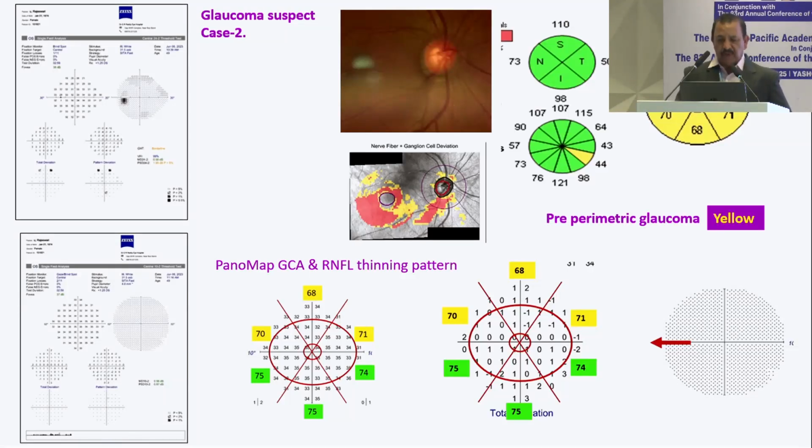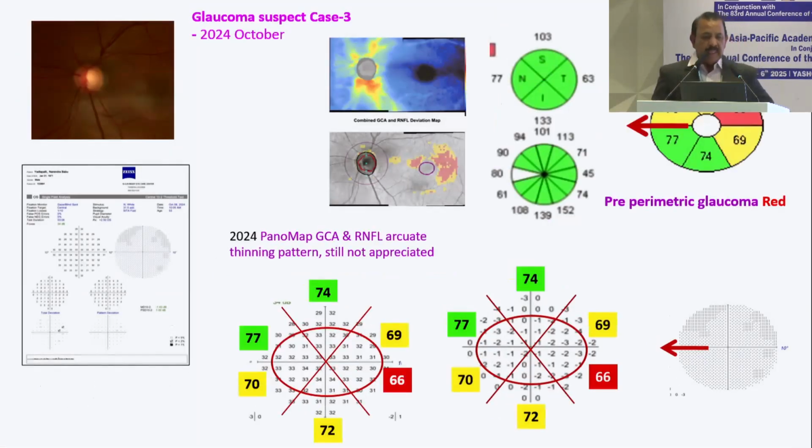RNFL and GCA are only yellow color code, and a definite pattern of thinning is there, and this is known as pre-perimetric glaucoma, yellow.